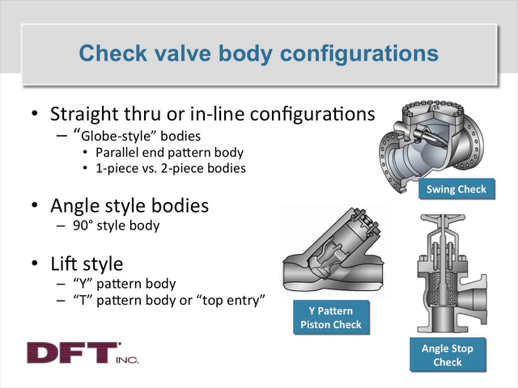You'll see them with a Y pattern body, like I'm showing this Y pattern piston check. That Y is sometimes also straightened out a little bit to give it more of a T pattern shape or a top entry shape. The point I'm making here is that check valves, unlike so many other types of valves like ball valves or butterflies, have a very broad spectrum of shapes, styles, and configurations. And you need to be aware of what they look like because you might have them and not even know that you have them hidden in your system.